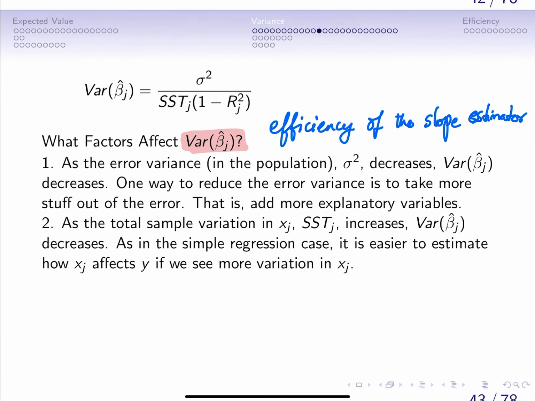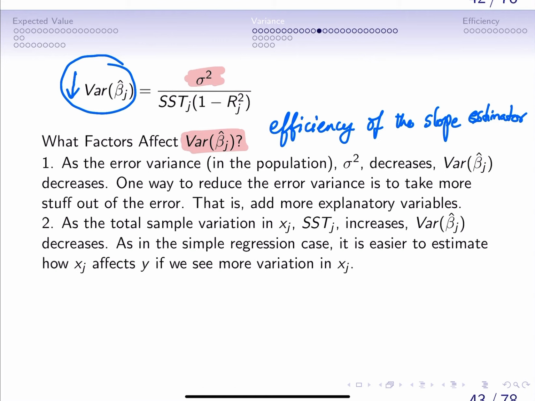We want the variance of beta hat j to be lower for our estimator to be more efficient. In order to get the left-hand side to be lower, it is governed by at least three things on the right-hand side. Let's take a look at these one by one.